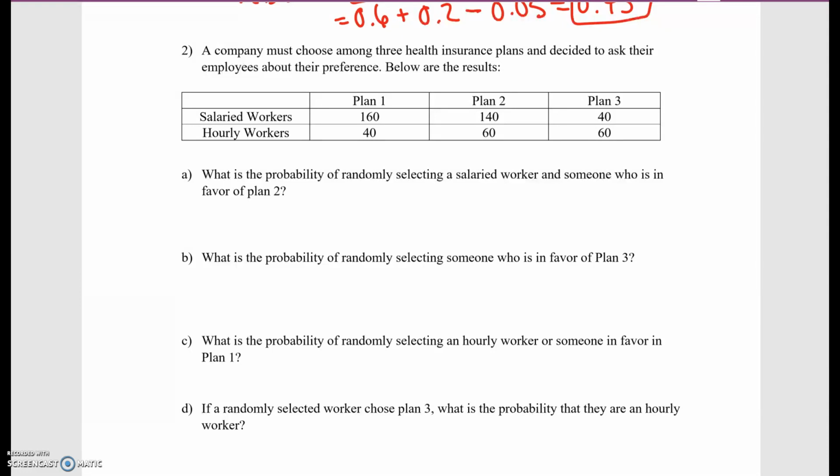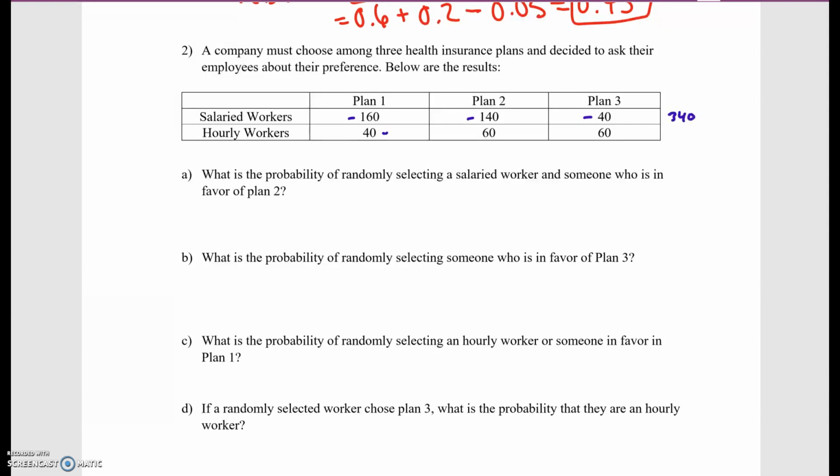When I give you a contingency table like this, even before you do some problems, what I would advise is to complete the margins. What I mean is add up all these numbers together, that way you have some sort of margins here. So 160 plus 140 plus 40 is going to give me 340.